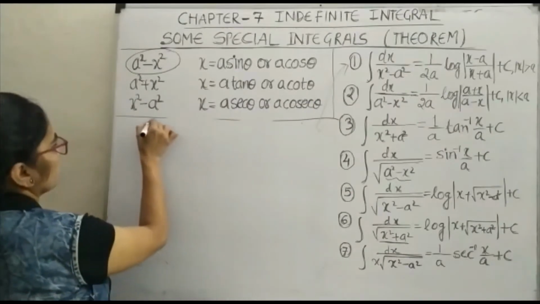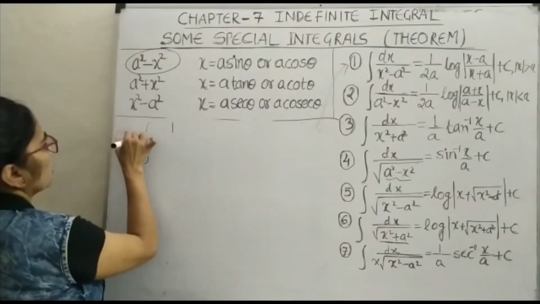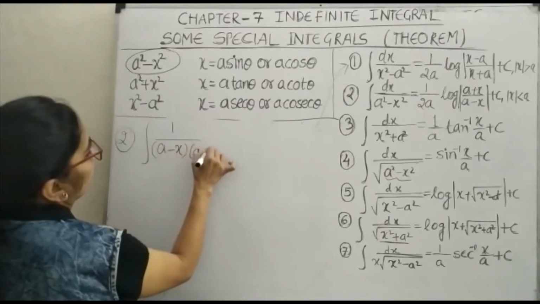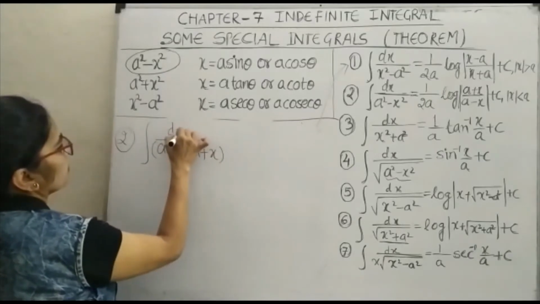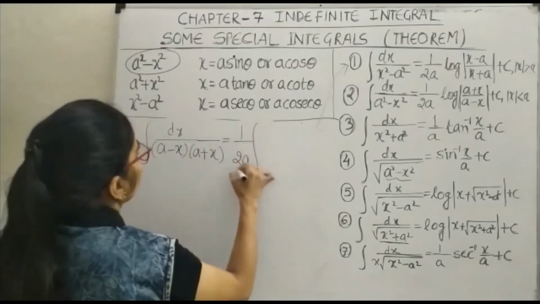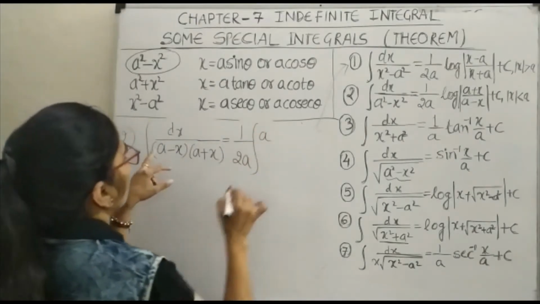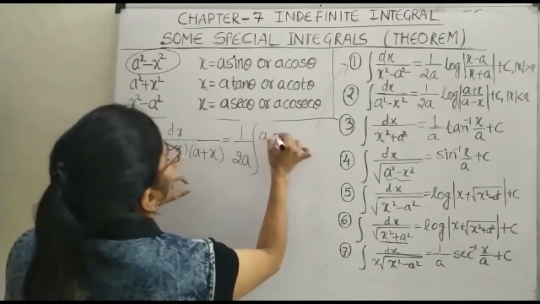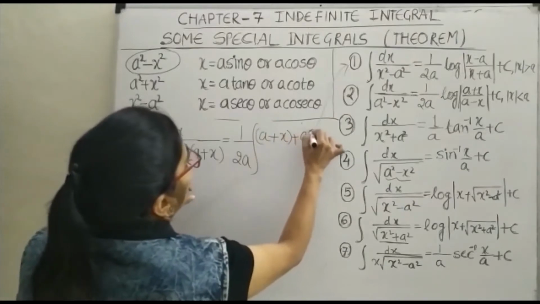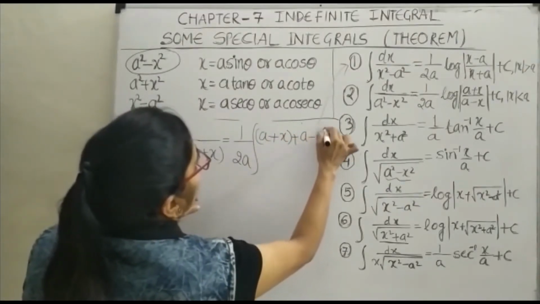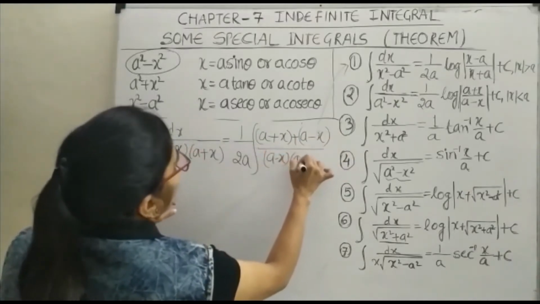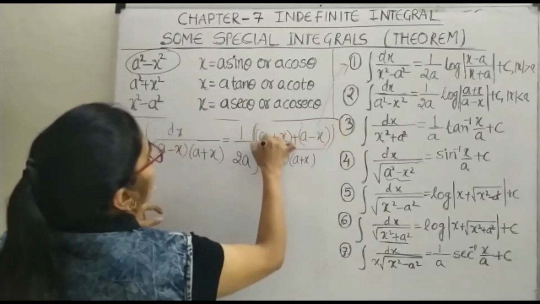In the second result, once again it will be 1 upon a minus x, a plus x, dx, which can be written the same way as 1 upon 2a, a plus x plus a minus x upon a minus x, a plus x, and this is your dx.